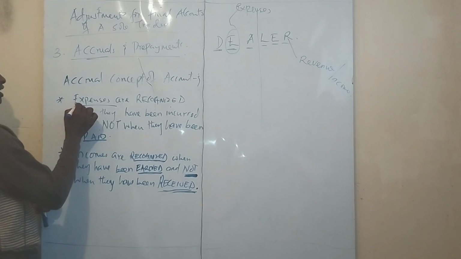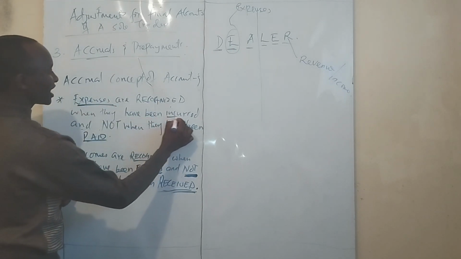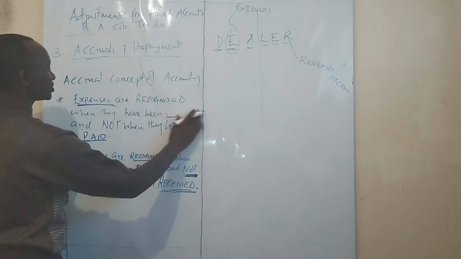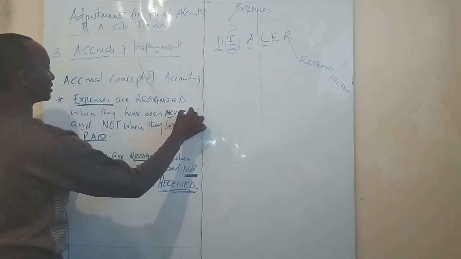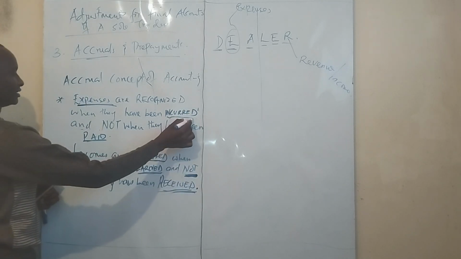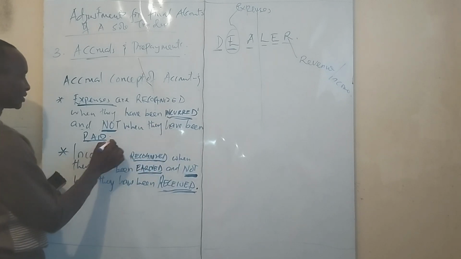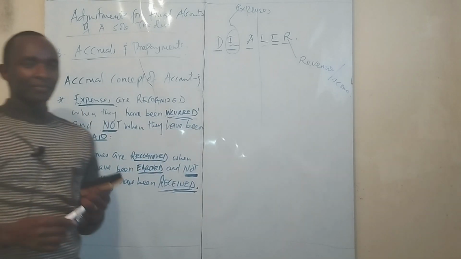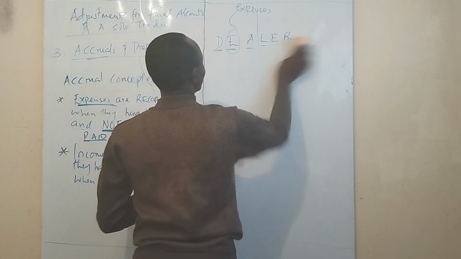Those are the keywords. Expenses, on the other hand, are recognized when they have been incurred. These should be in capital letters. Incurred. Yes, so that is one term. And not when they have been paid. Full stop. So ladies and gentlemen, look here.